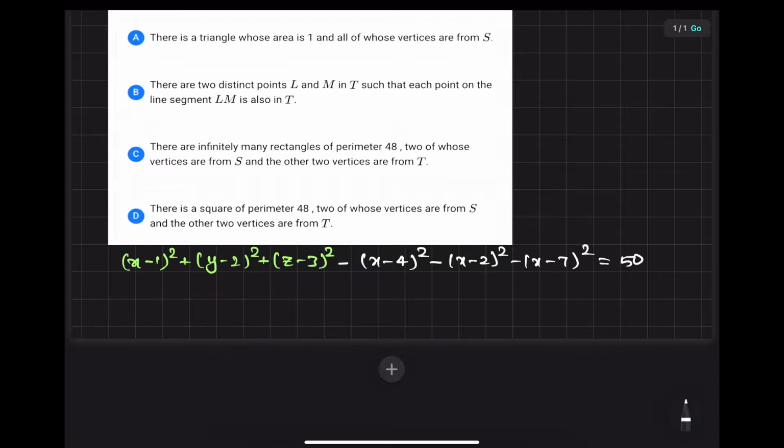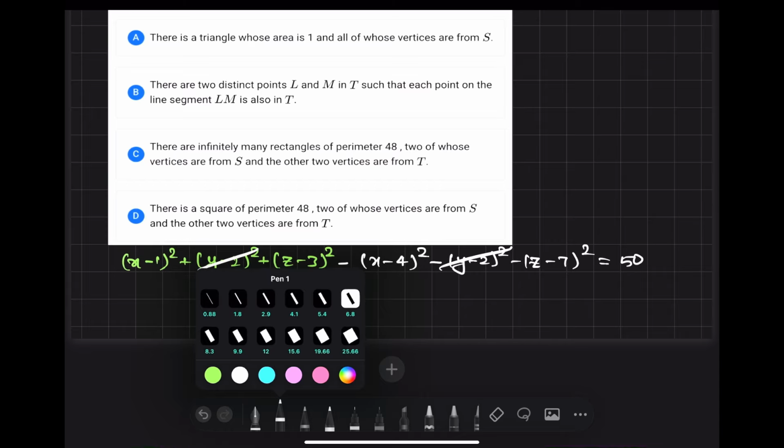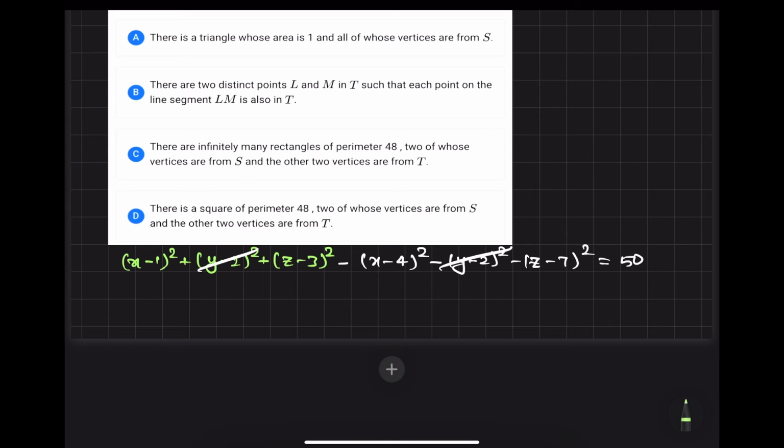Not x bro, this is y, this is z. If you observe, look at this term and this term, both are the same, so now you can play fruit ninja and get rid of these two. Now look at this: we have this and we have this, so can I go with a plus b and a minus b?